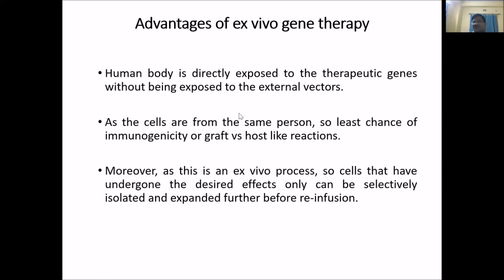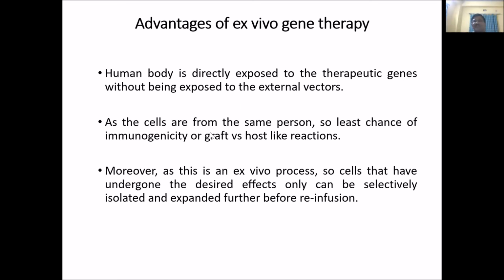Advantages of this ex vivo gene therapy are that the human body is directly exposed to the therapeutic genes without being exposed to external vectors. That means you need not make human beings receive external viruses inside their body.